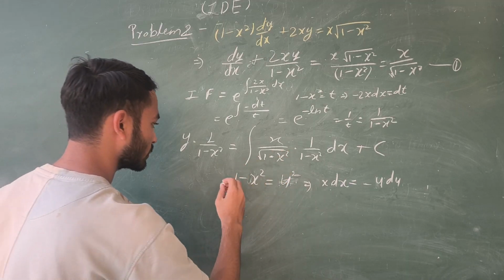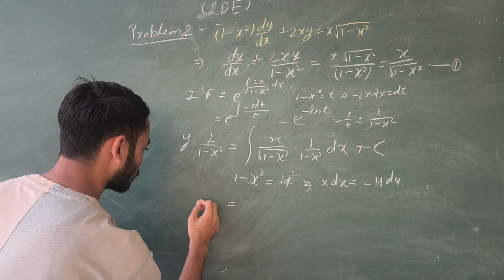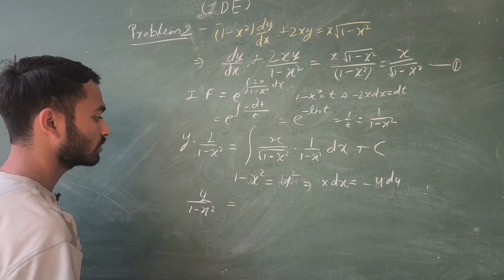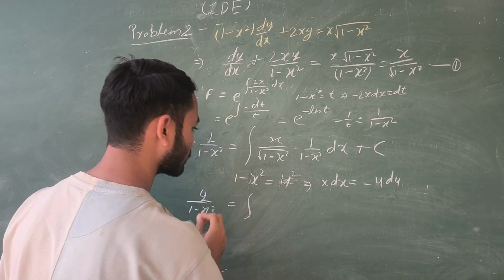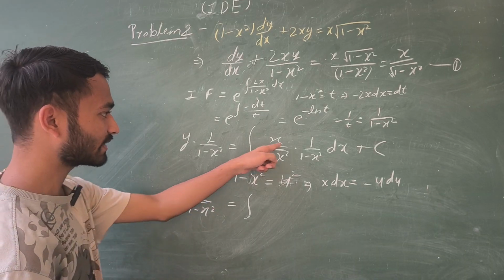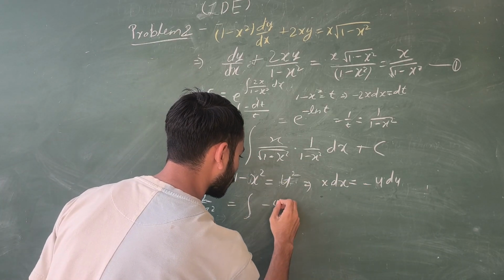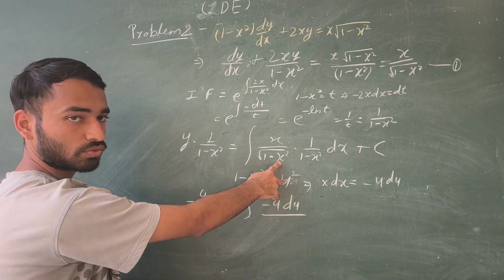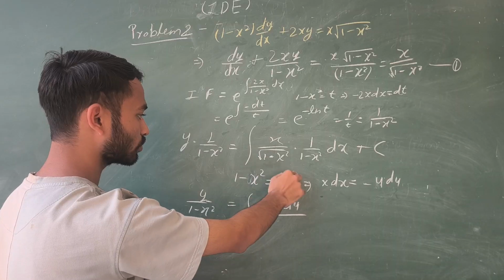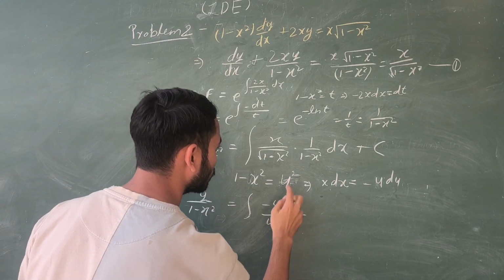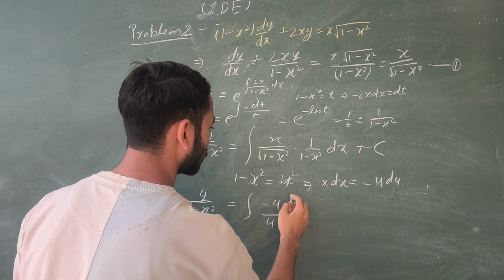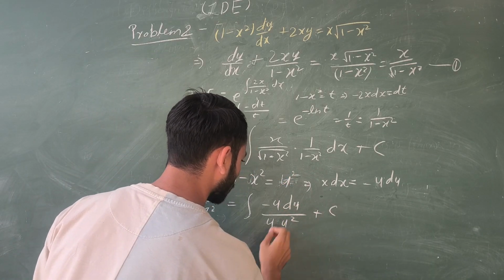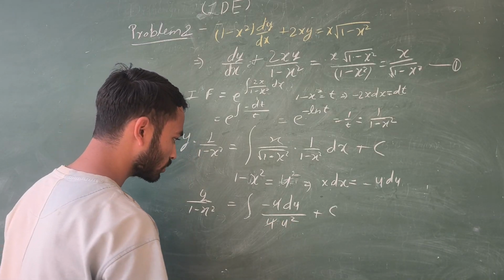So replacing this in the equation, we will get y by 1 minus x square is equal to integration x dx. x dx is minus u du divided by 1 minus x square is u square under root, so u, this will be u, and this is our u square, plus c, u is cancelled out.